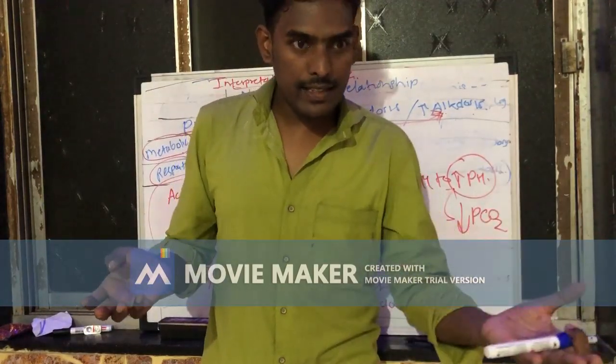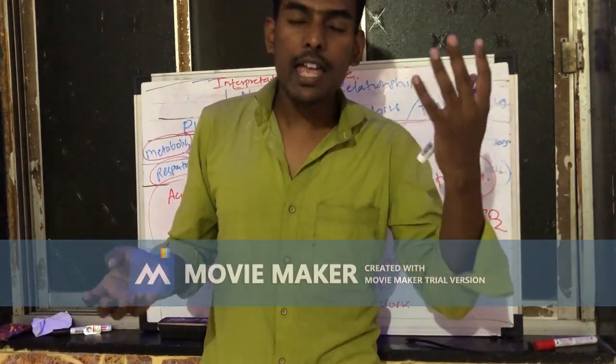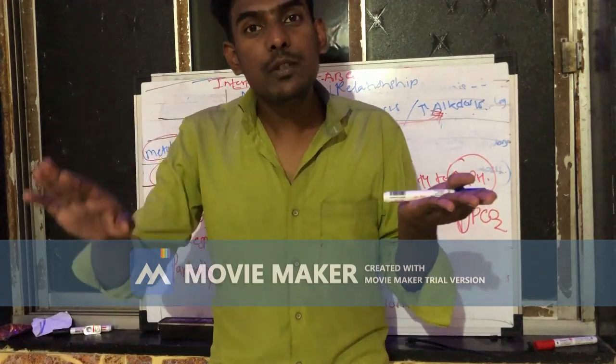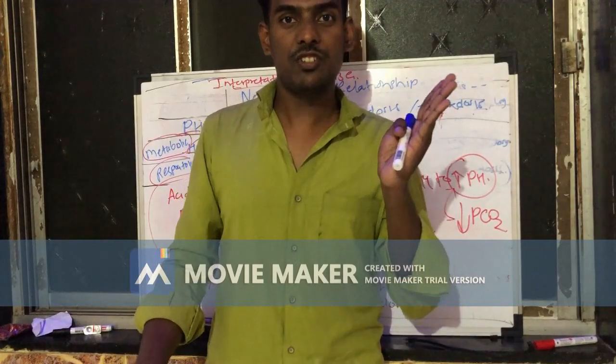I removed my PCO2. My pH is less, my HCO3 is less. I don't have HCO3 to increase my pH. My blood is acidic. I want to improve the pH. Who will improve? PCO2. How? If PCO2 decreases, my decreased pH will increase.